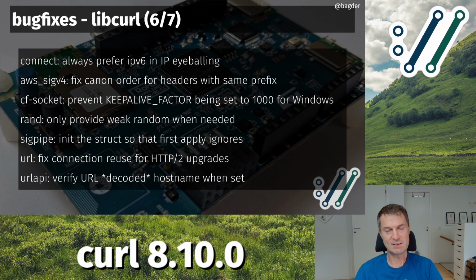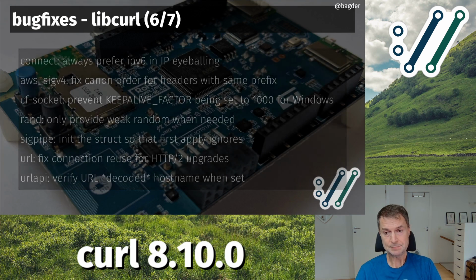But if you would set a name and you would use a URL encoded name and you would use % and so on, which is perfectly fine, curl would reject that and say, hey, % is not a legal character in a host name, and that's correct. But we verified it URL encoded, so the verification was wrong when it's supposed to actually verify the hostname after it has been decoded. Now it does that.